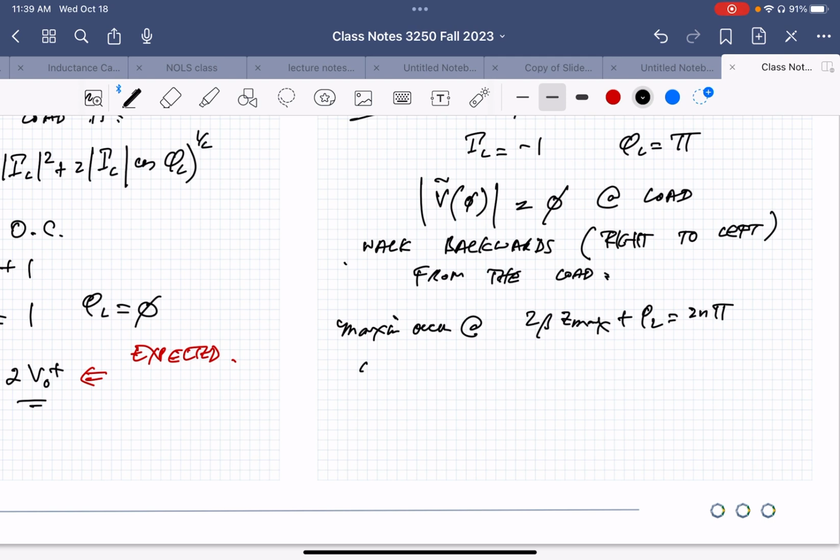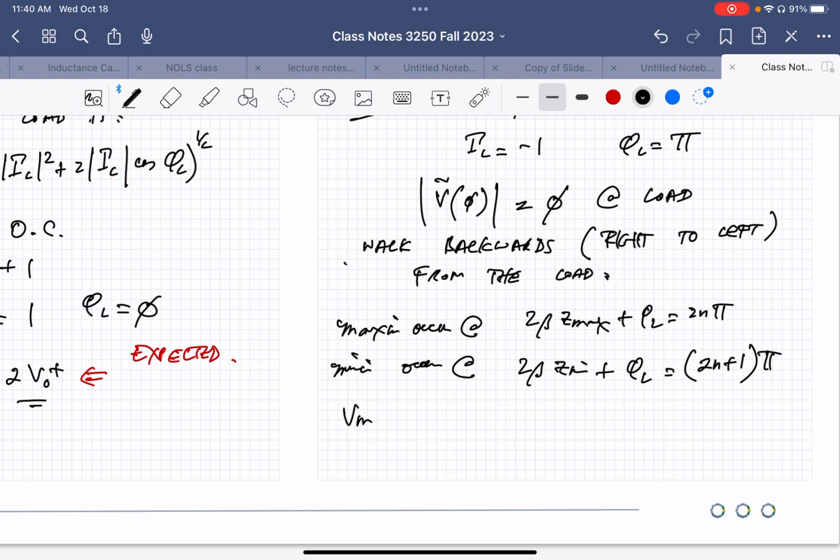And the minimums occur at 2 beta z min plus phi sub L equals 2n plus 1 times pi. So there's a minimum and a maximum.